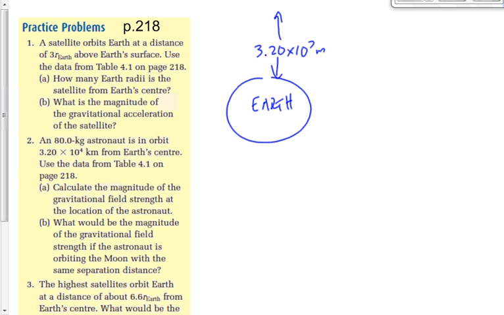Here's the astronaut up here. He's all happy because he's orbiting around in space there. His mass is 80 kilograms. So we want to find the field strength at that point. Now, what's the producer here, the Earth or the astronaut?